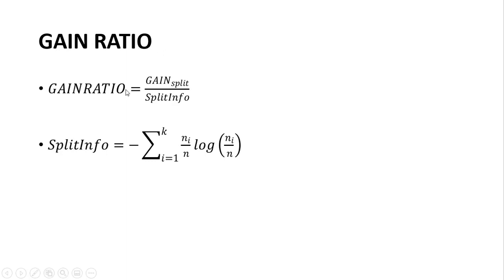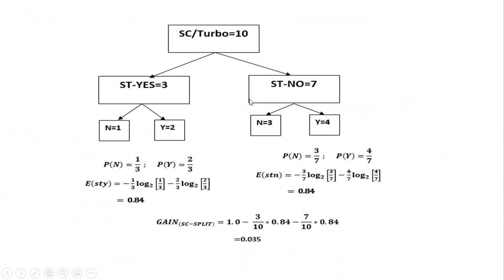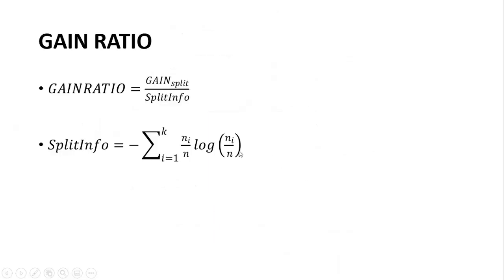To find the gain ratio, we first find the gain split. This gain split is found from the information gain, that's what we found, right? So we find the information gain divided by the split info. Split info is what we find while doing a weighted average, how we calculate these values, the product with the log.